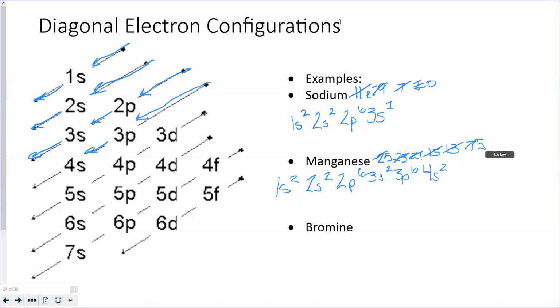And then after 4s comes 3d. And d we said can hold up to 10, but we only have 5. So 5 are going to go here to finish out this electron configuration. You'll notice that this gets to be very repetitive for different parts, especially those beginning elements that you're using over and over again.